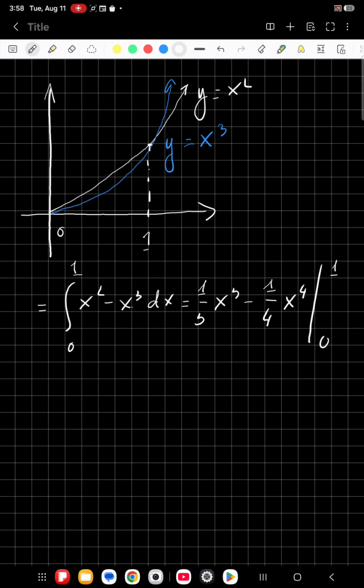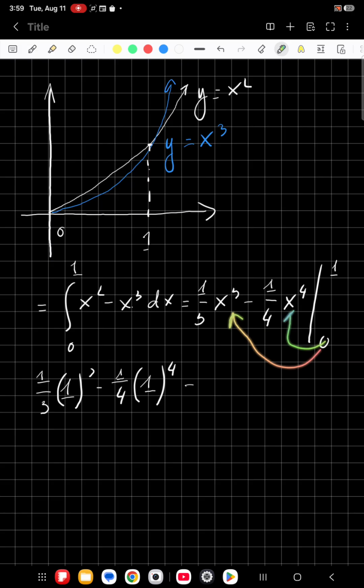So I go 1/3 times 1 to the 3rd power, then minus 1/4 times 1 to the 4th power, and then minus the second time through. I'm not going to write it, it's just 0, because I'm plugging the 0 into both places.